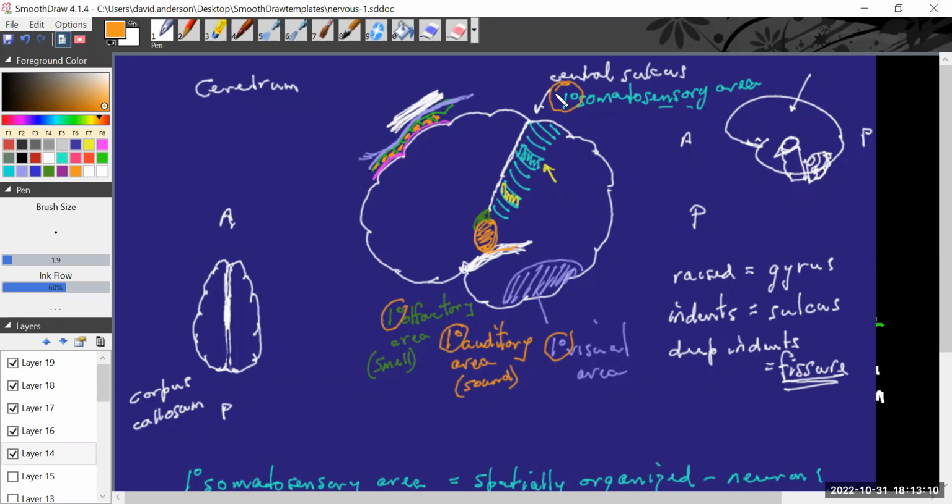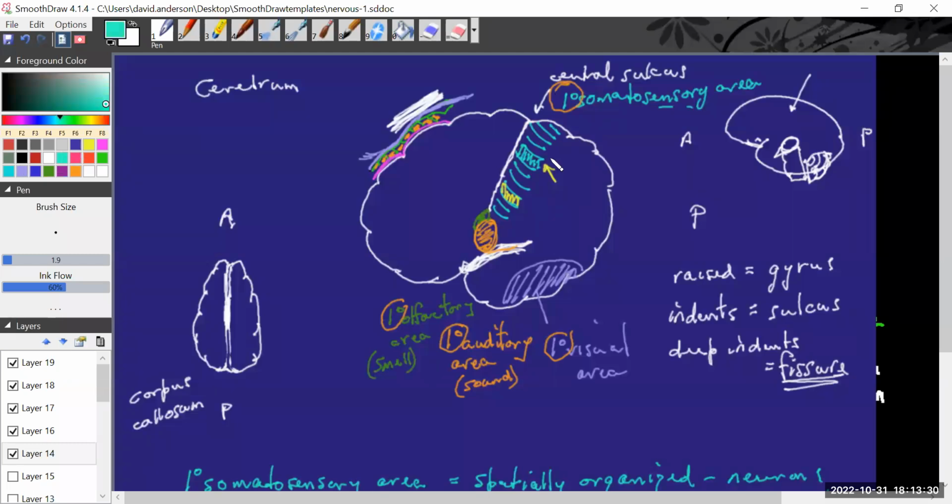So most of the time with raw data, we have to be able to process that and put some context to it. So nearby all of these primary areas, there are going to be what are called association areas.